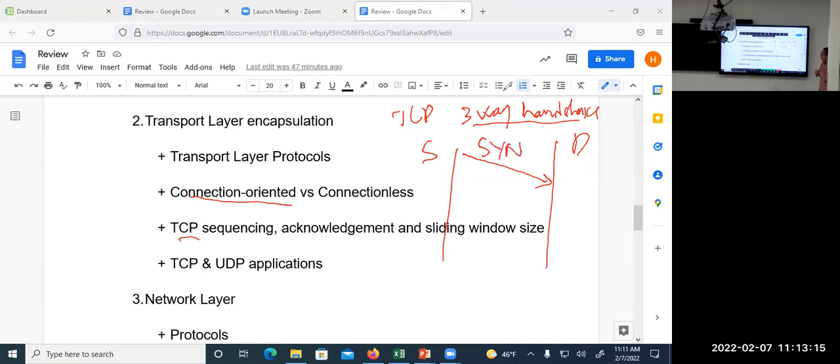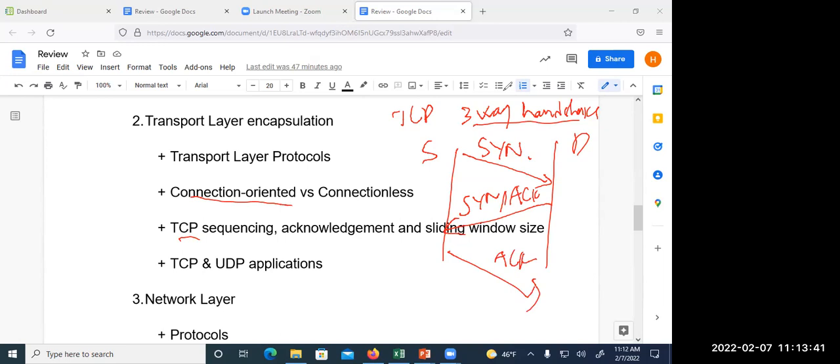Now, what is the second one? Yeah, the second one is SYN and ACK. And the third one is ACK, which means acknowledgement. All right, so I see you have the SYN and ACK. Oh, I got them in the wrong order.